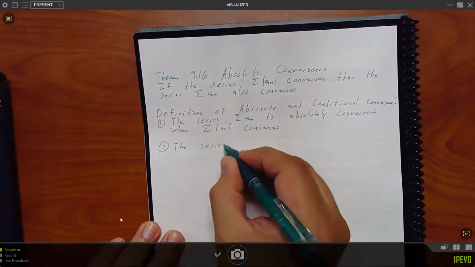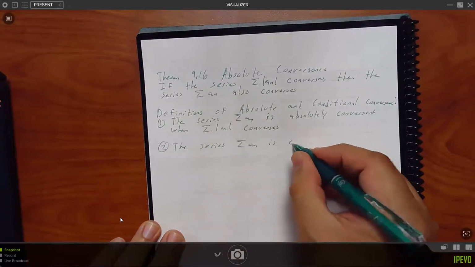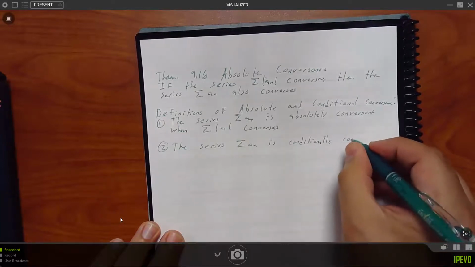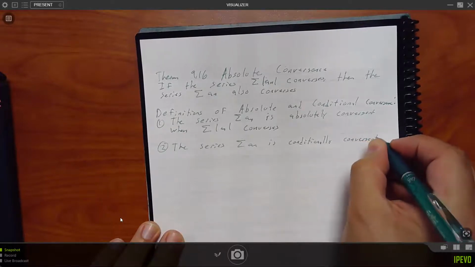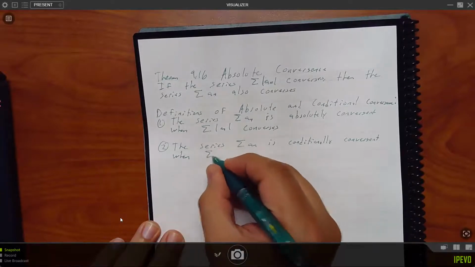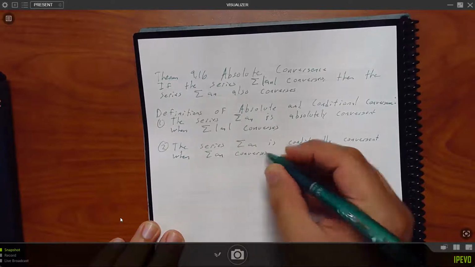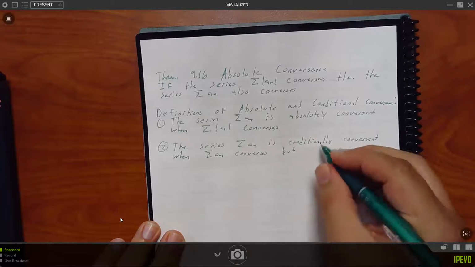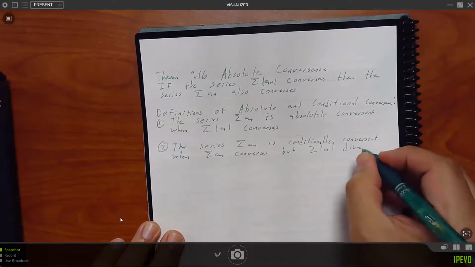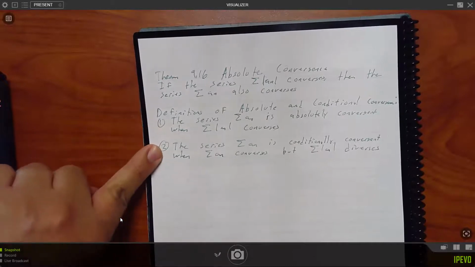So the series of A sub n is conditionally convergent when the series A sub n converges, but the series of the absolute value of A sub n diverges. So this is the absolute definition, and this is the conditional definition.